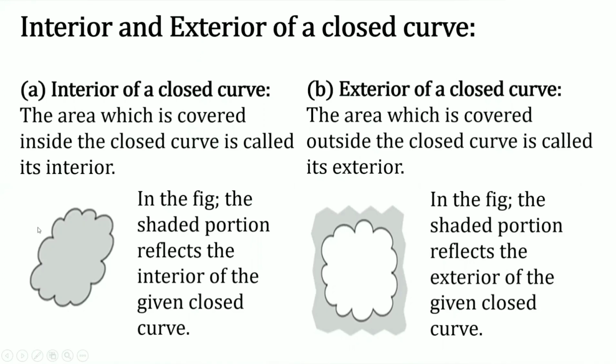That means in this figure, the shaded portion you can see, which is lying inside the boundary line of the shape, is called the interior of the closed curve. In the same way, the part which is lying outside the closed curve, here in this figure, the shaded portion is called the exterior of a closed curve.